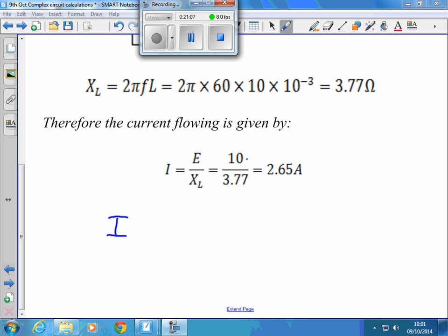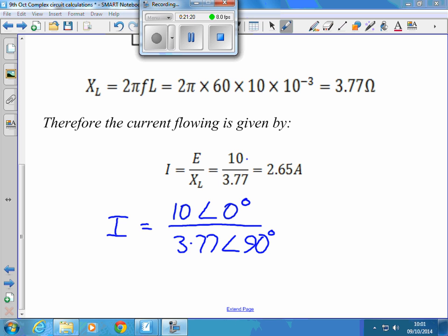If we use the complex arithmetic, we do 10 angle 0 degrees divided by 3.77 angle 90 degrees, because the inductor XL has an angle of 90 degrees associated with it. Yeah, always.